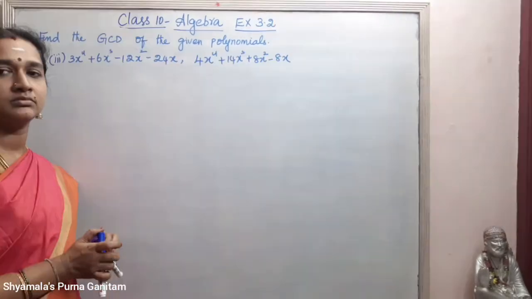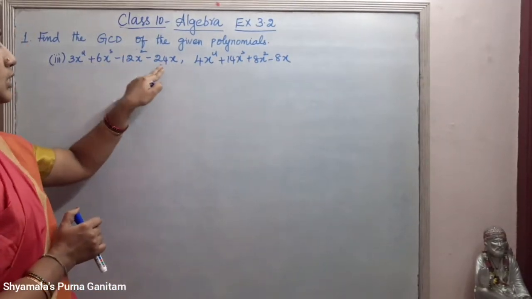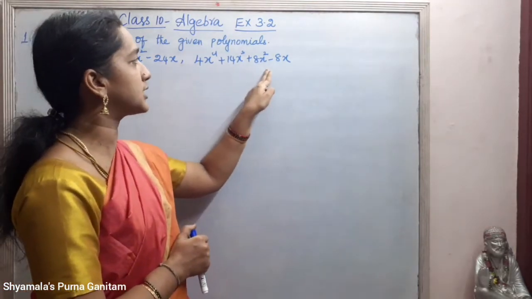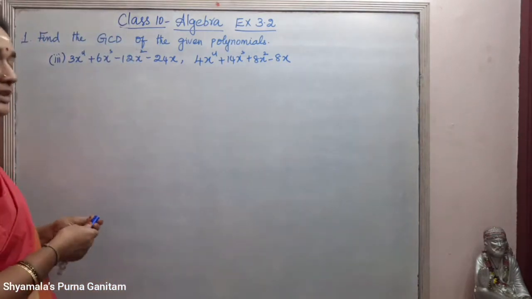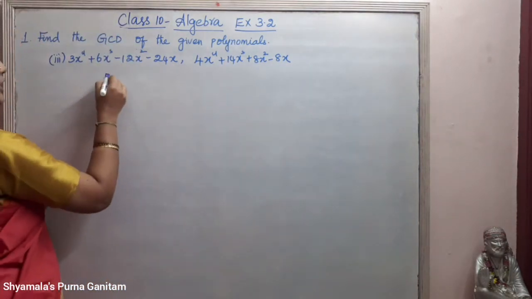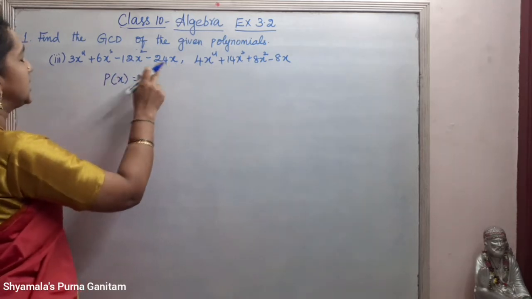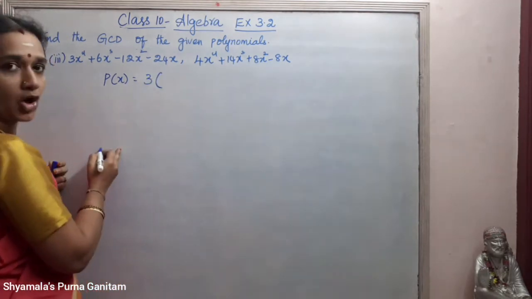Okay. Next sum is 3x power 4 plus 6x cube minus 12x squared minus 24x and 4x power 4 plus 14x cube plus 8x squared minus 8x. So if we take this as p of x, here when we see all the terms, 3 is the common factor. So we will take that 3 common.